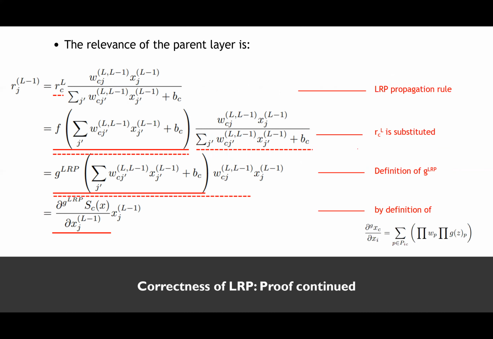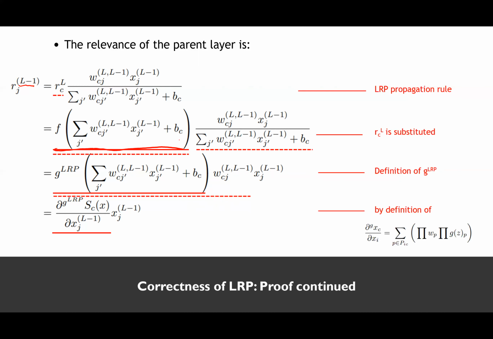Suppose we wish to get the relevance score for the L-1 layer. We can put our previous equation here with the LRP rule. The LRP rule is simply the multiplication of this with z and with the possible j prime in the previous layer, that is, a multiplication of j prime to C and the bias. This is by definition of the final value.